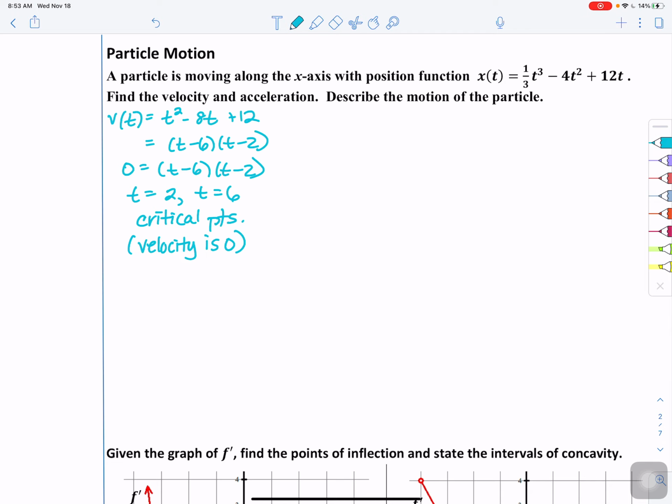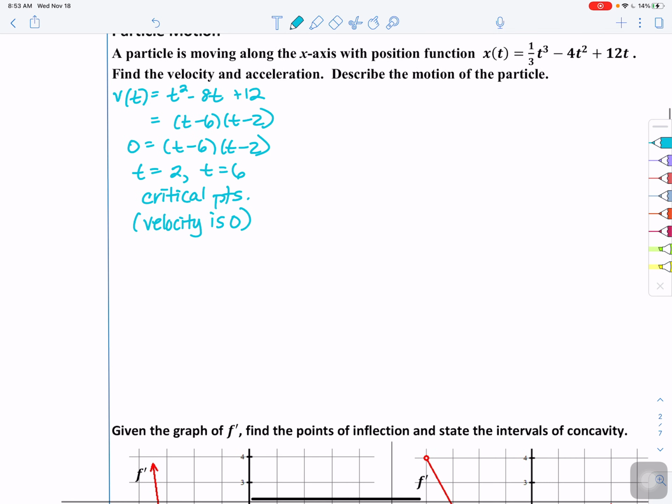Okay, so what I like to do is go ahead and make a velocity sign chart. And for velocity, we have 2 and 6. If we use some test values and go into this velocity equation, and if I plug in a 7, I'm going to get a positive times a positive.